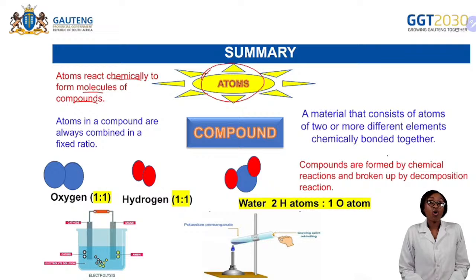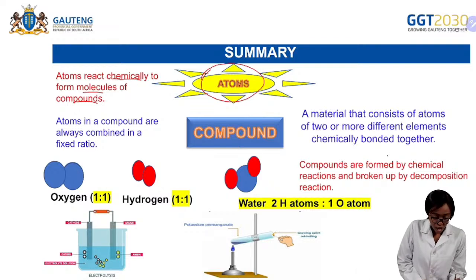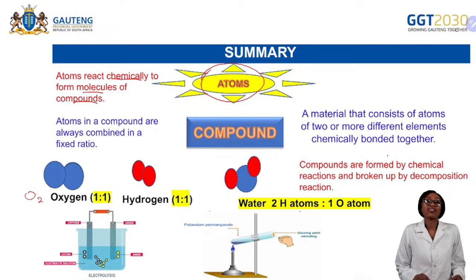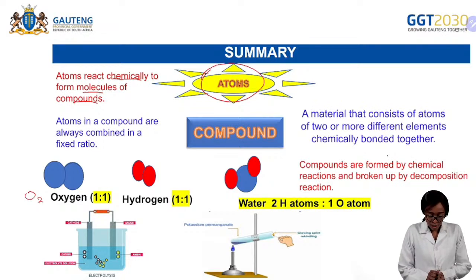When two oxygen atoms react, they form the molecule oxygen, which we represent by O2. So now, how are these atoms held together? These atoms are held together by what we call a chemical bond.